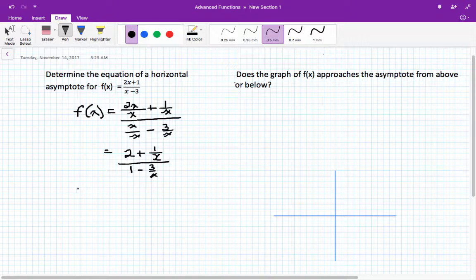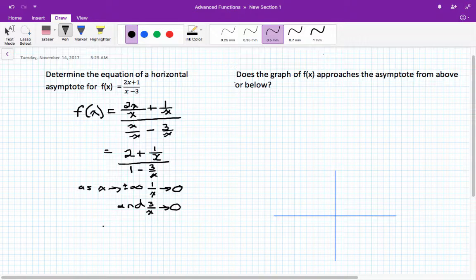So as x approaches infinity, 1 over x approaches 0, and 3 over x approaches 0.